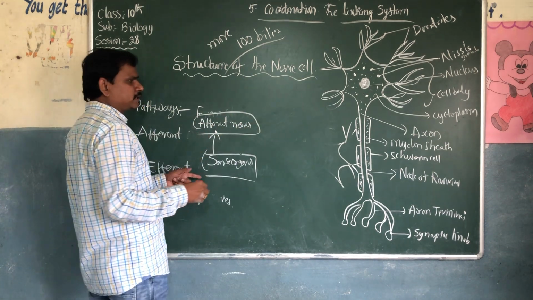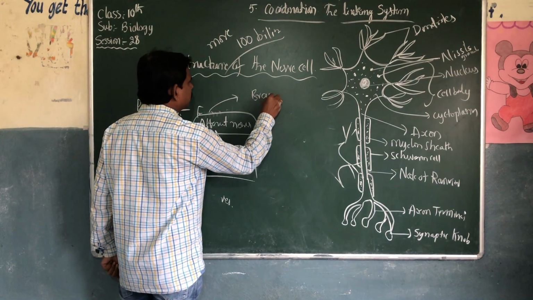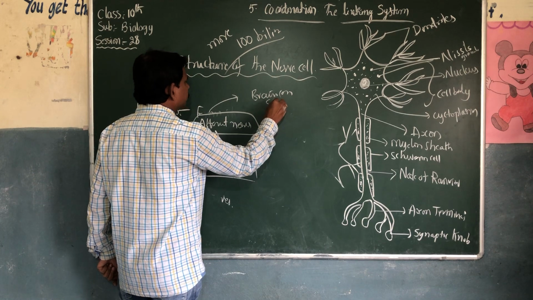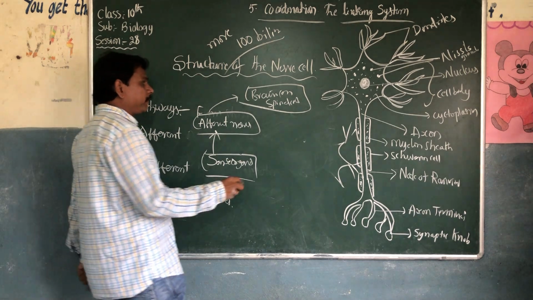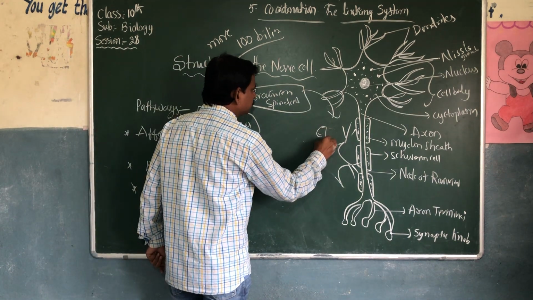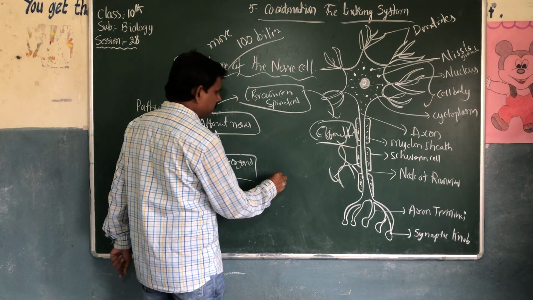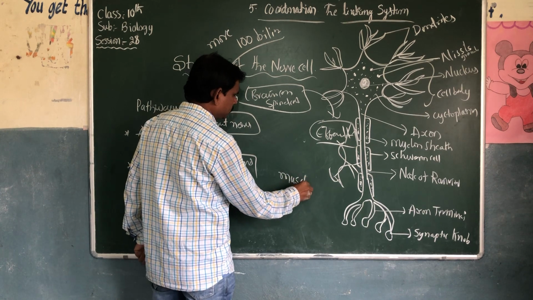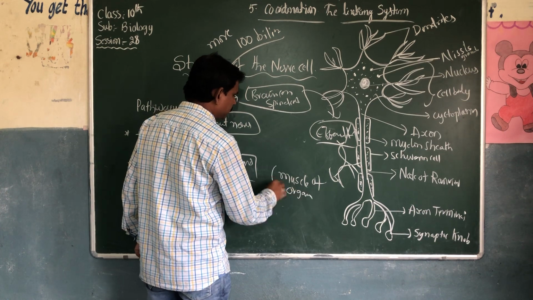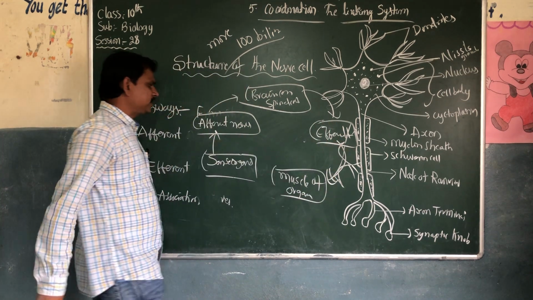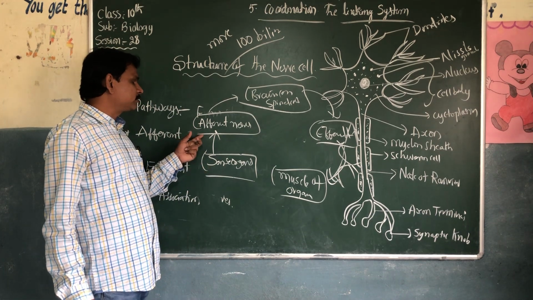From the body parts, the sense organs, to the afferent nerves, where will it enter? The brain or spinal cord. From the brain and the spinal cord, efferent nerves carry messages to the muscles, the muscles of the arm.